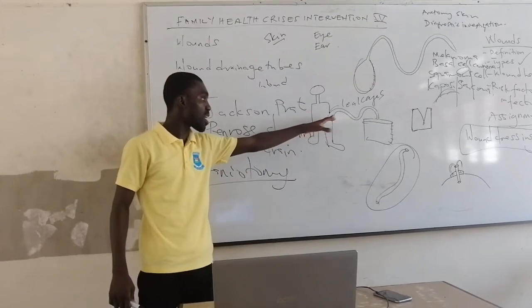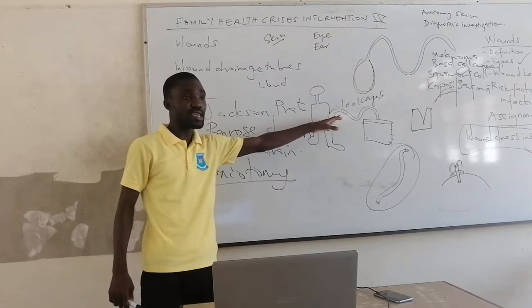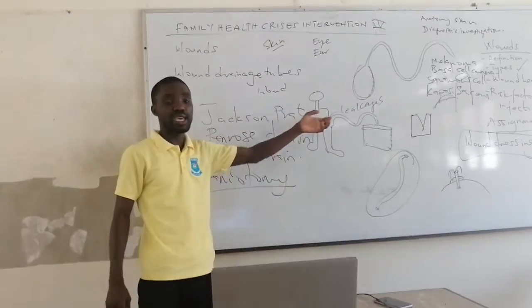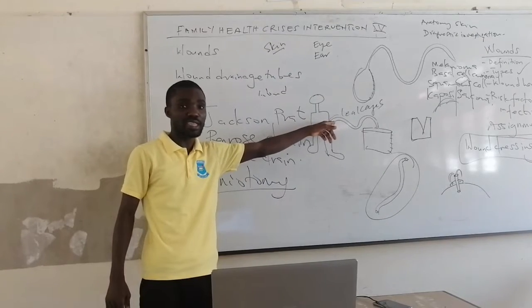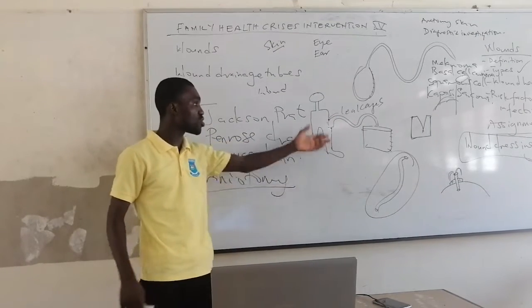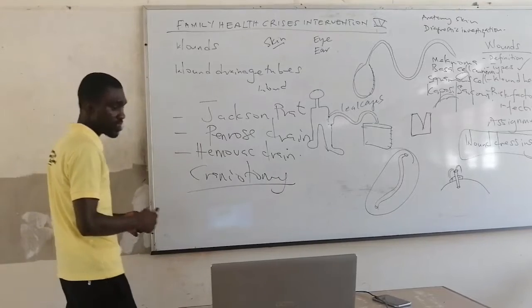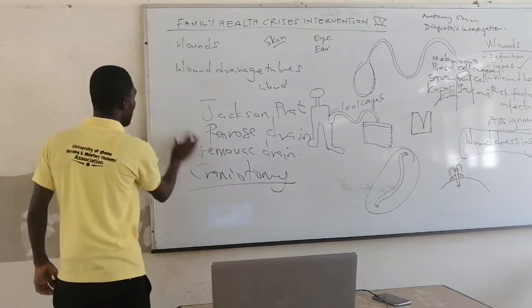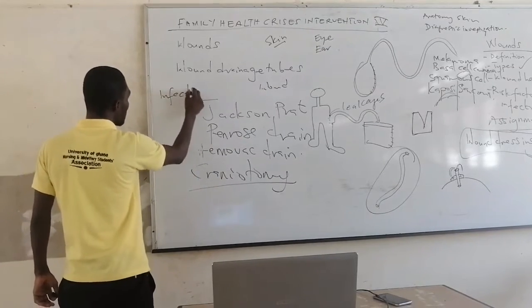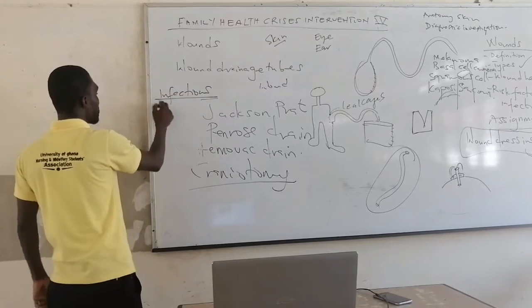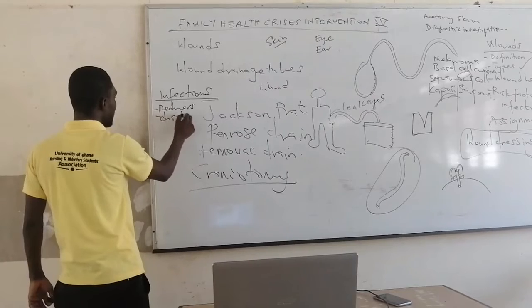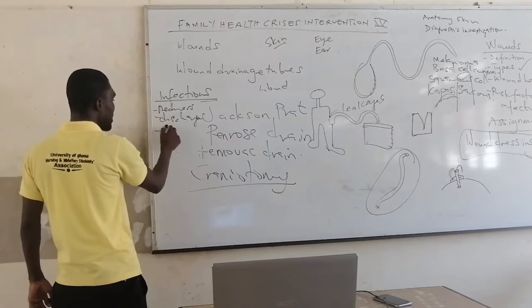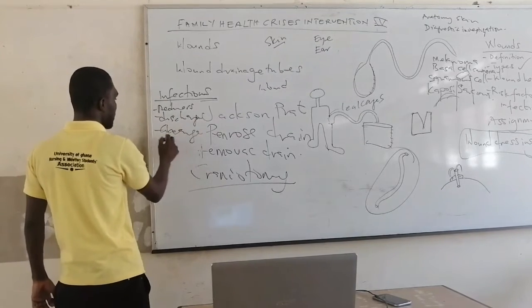So after the second to the third day, when the wound is open, the dressing at the drainage tube site is also open. So as a nurse, you should assess the dressing site for signs of infection, right, which you know already. So you assess for redness, you assess for any discharges, you assess for any change in color, right?